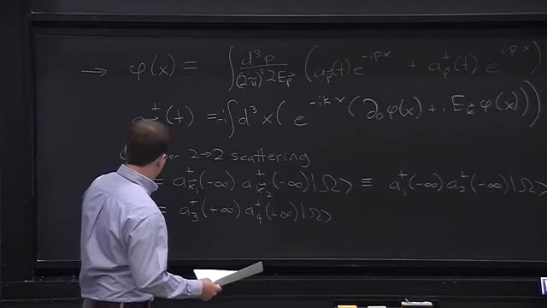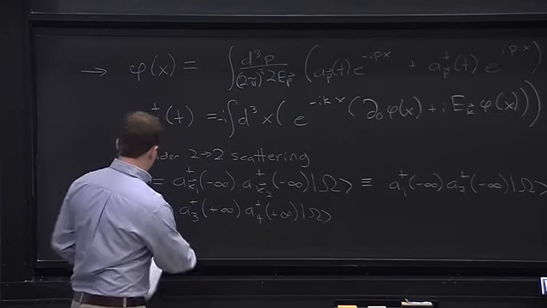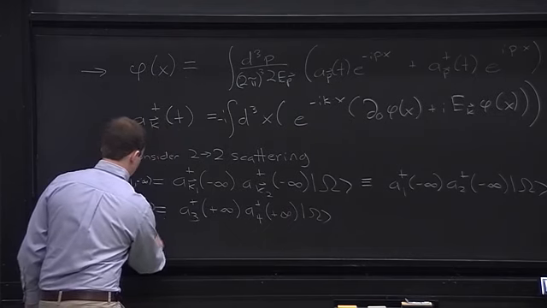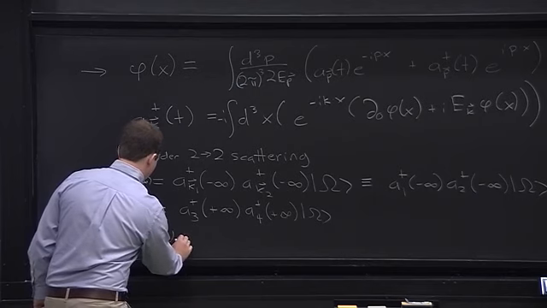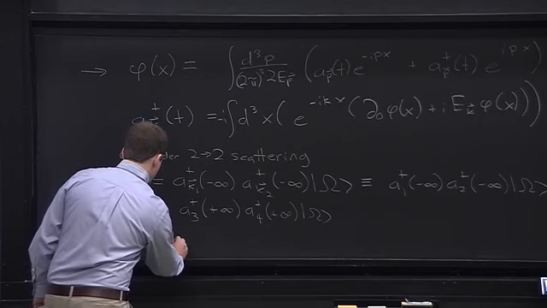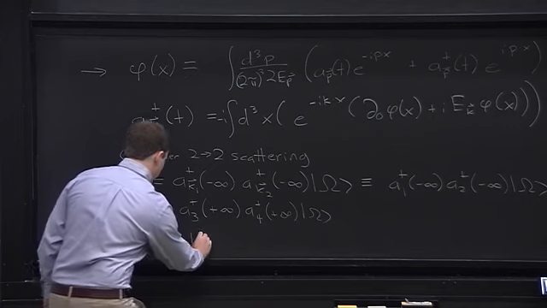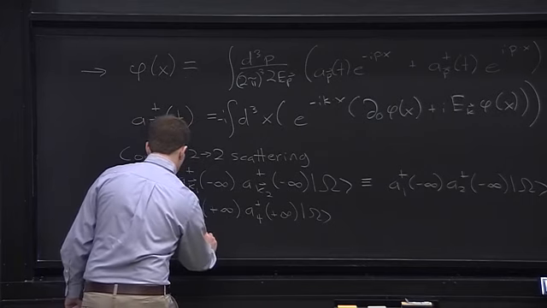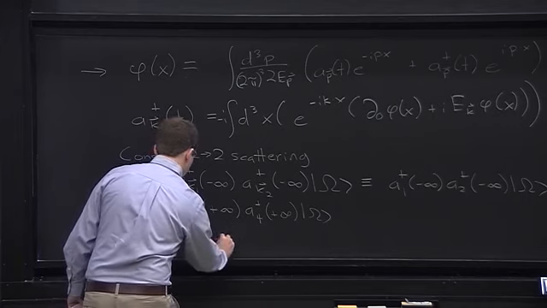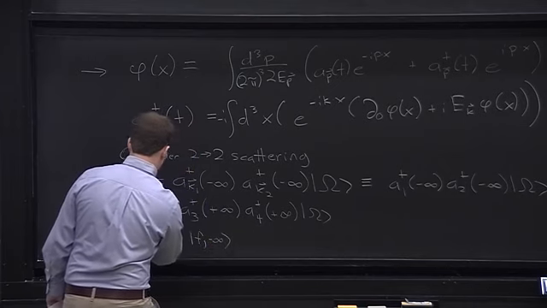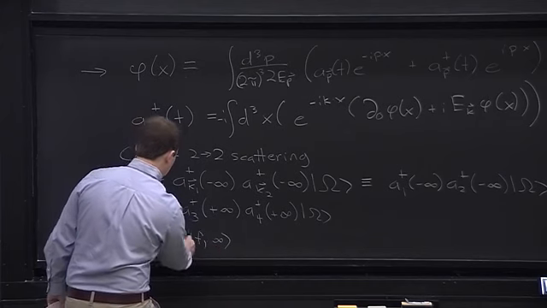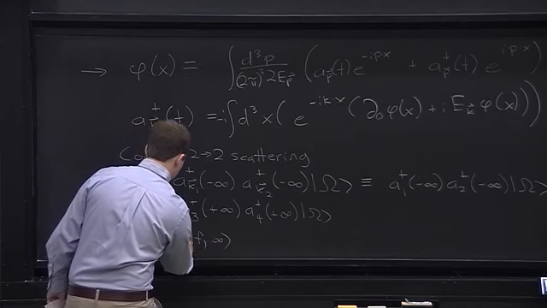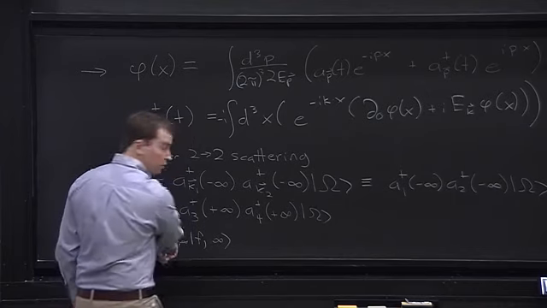So then F would be the time evolution operator of F minus infinity. So we need to evolve it from infinity to minus infinity, where this is just some time evolution.